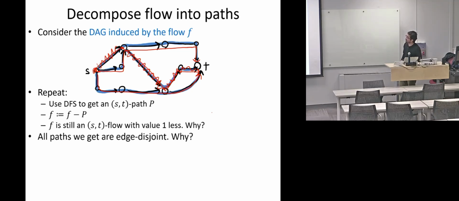So you get a bunch of paths, and you know that all these paths must be edge disjoint. The reason is that you set the capacity of every edge to be 1. So once you use some edge, you reduce the flow value on that edge from 1 to 0. It will not be used again. Okay.